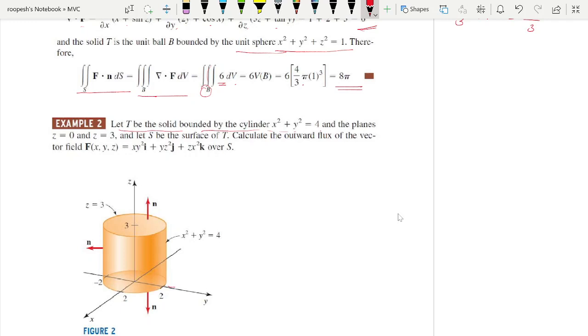And let S be the surface of T. Calculate the outward flux of the vector field F of xyz equal to xy square i plus yz square j plus zx square k over S. Let us see how we can find it.